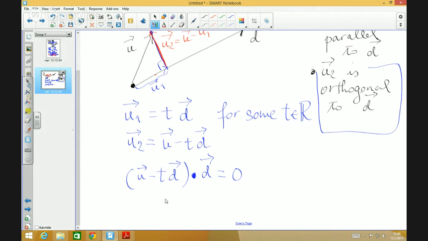But hey, what is this thing? Now, remember last time we saw some properties of the dot product. You can actually distribute here. So this is the same as the dot product between u and d minus t times the dot product of d with itself.